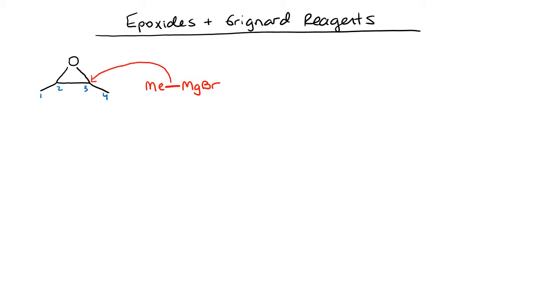So it'll attack carbon 3, it'll kick the electrons up onto the oxygen atom. Now at this point, we have a bond between carbon 3 and the methyl group. So we've just formed a carbon-carbon bond and added a carbon to the molecule. We also have the oxygen on carbon number 2 that now has the negative charge.